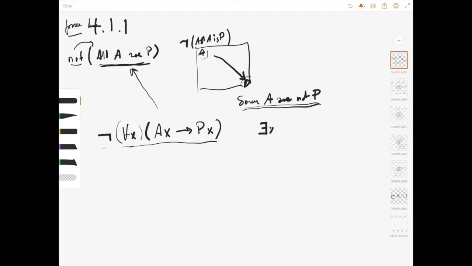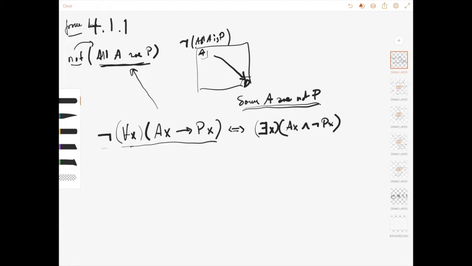So what's that? There is an x such that x is an animal and not a primate. Okay? So somehow or other, these two need to turn out to be logically equivalent.